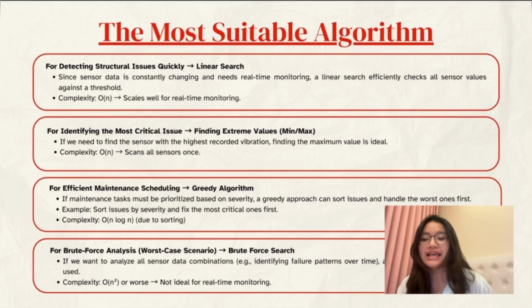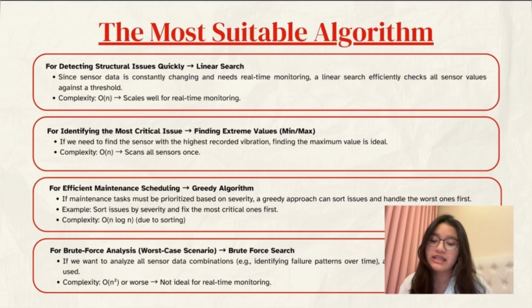And the next thing is efficient maintenance scheduling, using a greedy algorithm. If maintenance tasks must be prioritized based on severity, a greedy approach can sort issues and handle the worst one first. For example, sort issues by severity and fix the most critical ones first.